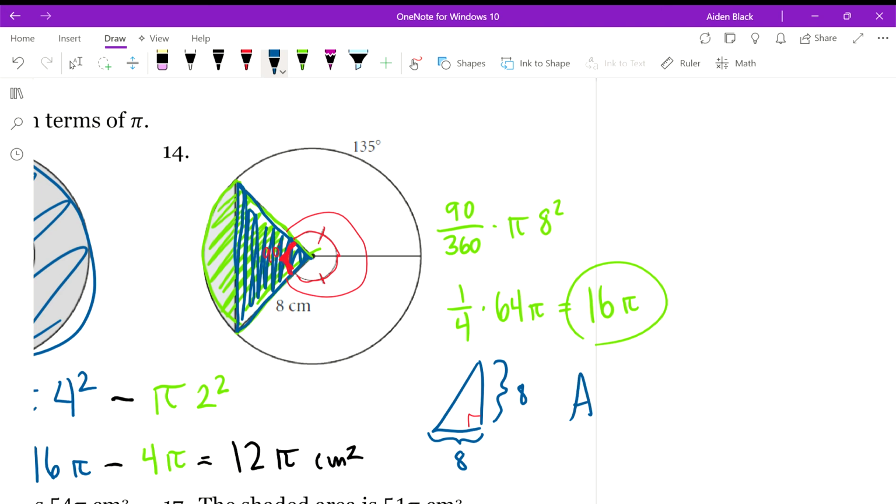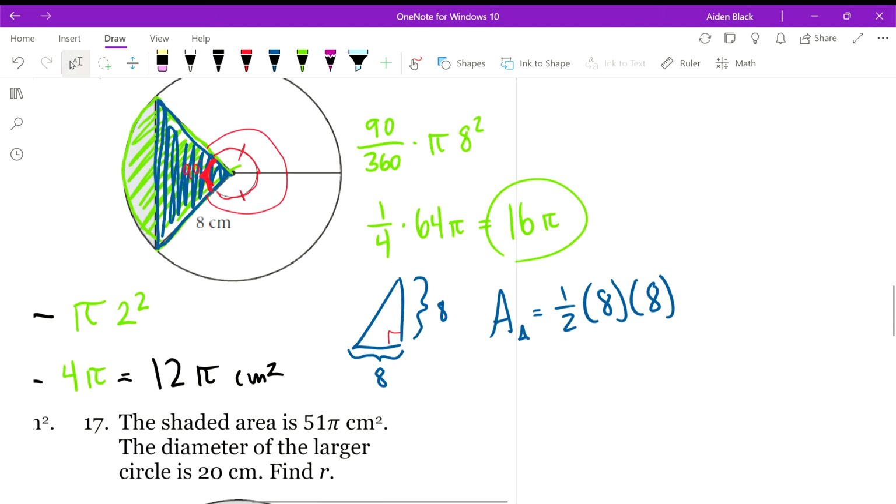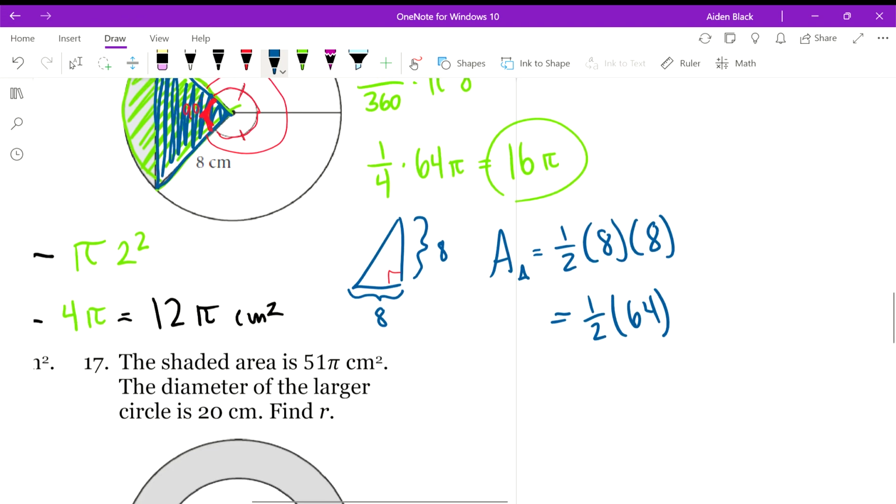So the area of the triangle is 1/2 the base times the height. This gives us 1/2 of 64, which is 32. So our end-all answer should be 16 pi minus 32.